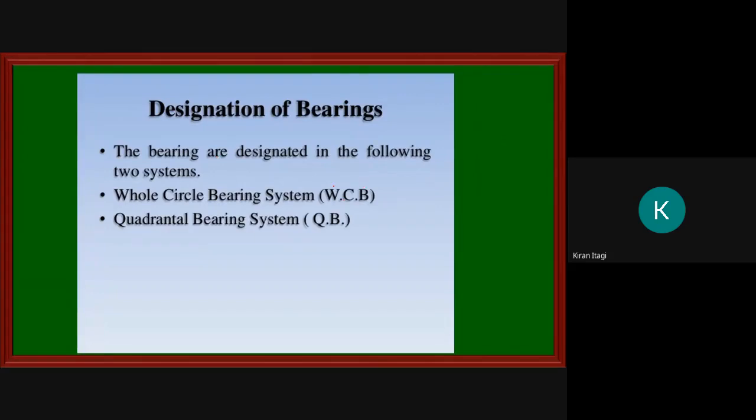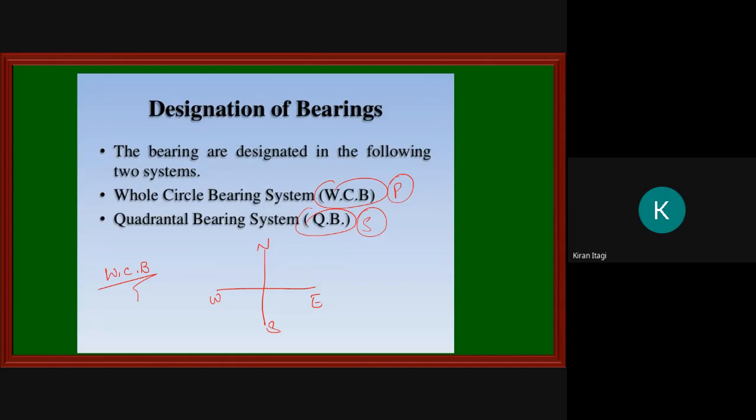I was telling you we have two systems, WCB and QB. WCB, whole circle bearing, is used in the prismatic compass. QB, the quadrantal bearing system, is used in the surveyor compass. Here we have north, south, east, west.